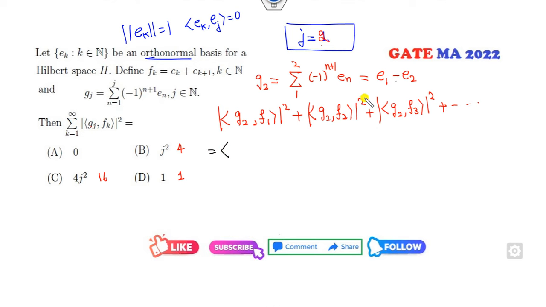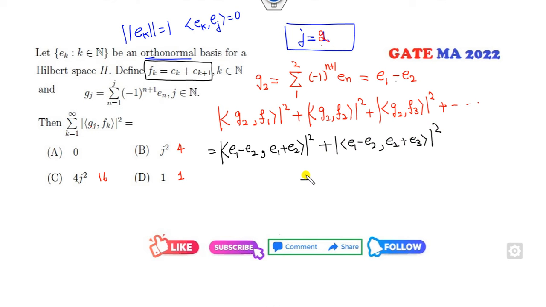What is g2? e1 minus e2. What is f1? I can find f1 from here. It is e1 plus e2 norm square plus e1 minus e2. f2 will be e2 plus e3, plus e1 minus e2, e3 plus e4 and so on.